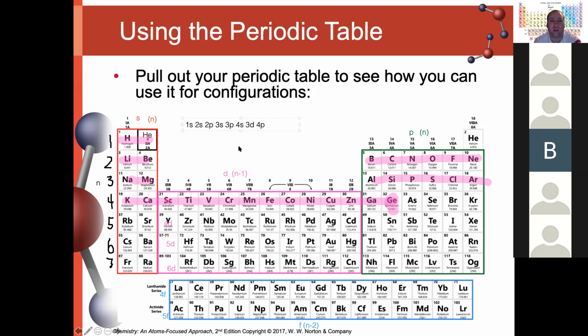Now that's not the only thing that we have to do. We also have to represent the number of electrons in each energy sublevel. But again, luckily for us, that can be done by counting.